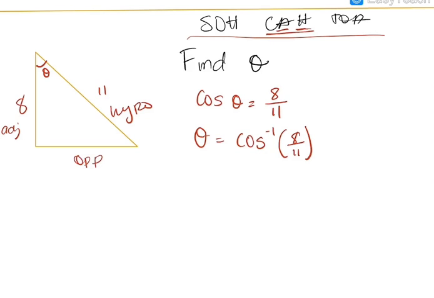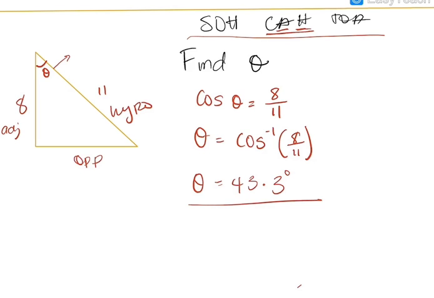I really do think you should put it in brackets first because you want to divide 8 by 11 first before you multiply by your cos inverse. So click on your cos inverse button, open up brackets, and put 8 divided by 11 in your calculator, and you should get, so theta should equal 43.3 degrees. So this right here is your answer.